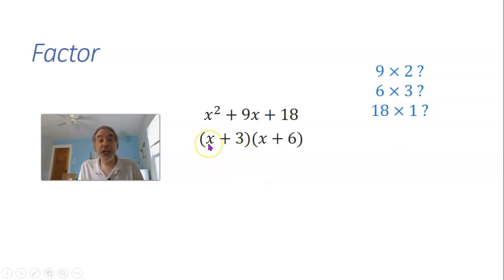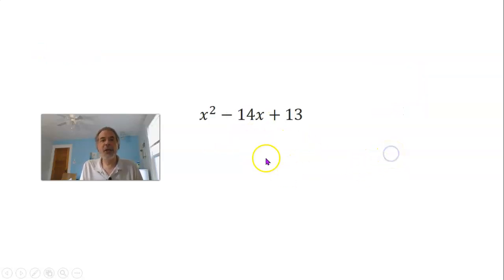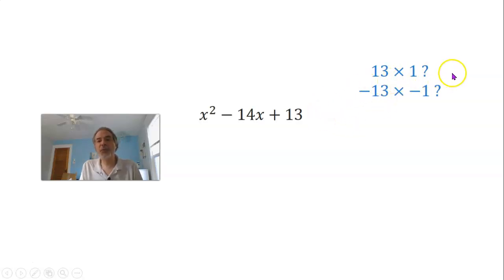So if we want to check this by FOILing it back out, we get x squared plus 6x plus 3x, there's your 9x, plus 18. Let's try this one, x squared minus 14x plus 13. What numbers multiply to 13? Well, you got 13 times 1, and that's almost the only possibility, but you could also have negative 13 times negative 1.